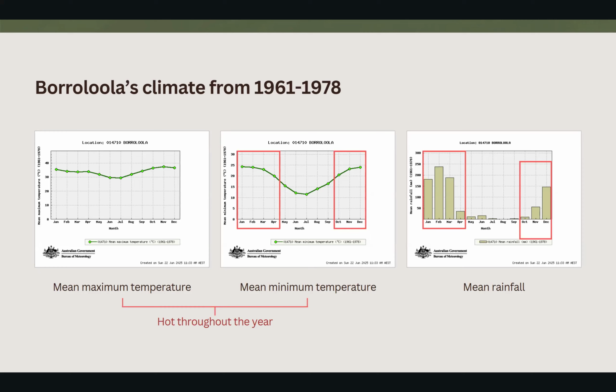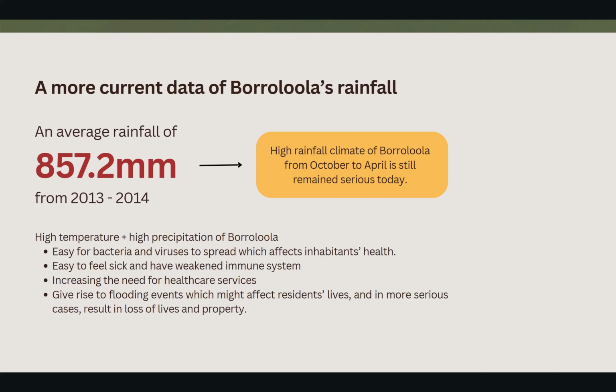So with the two figures showing maximum temperature and minimum temperature, it shows that Barunga is hot throughout the year, especially from October to April, which causes high mean rainfall at this site. And in more recent data of Barunga's rainfall from 2013 to 2014, there is 857.2 millimeters of average rainfall.